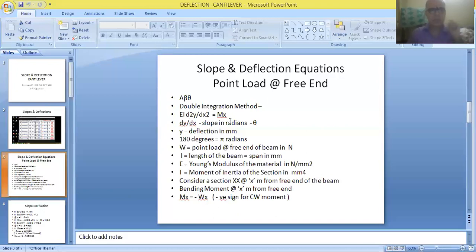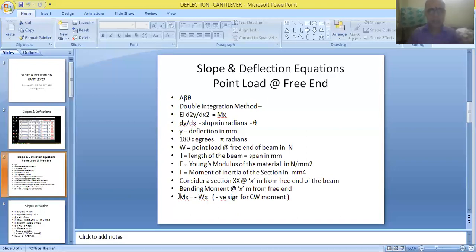Mx. This is nothing but the bending moment at any section at a distance of x meter from the free end of the beam. Bending moment at any section at x meter from the free end of the beam is called Mx.